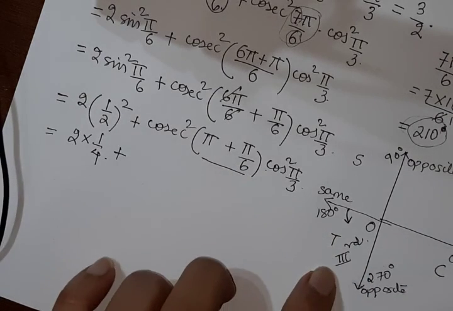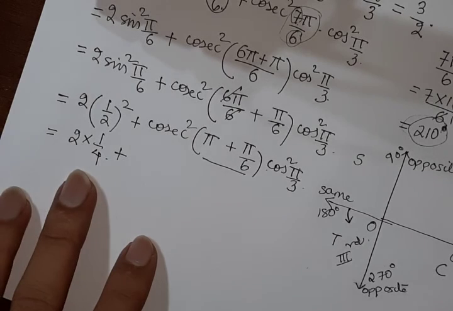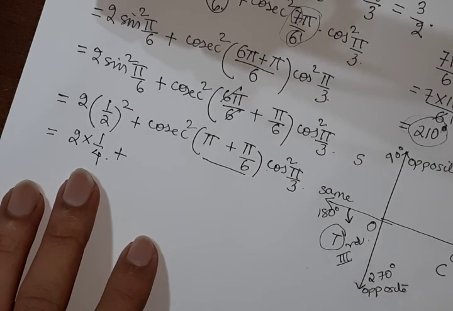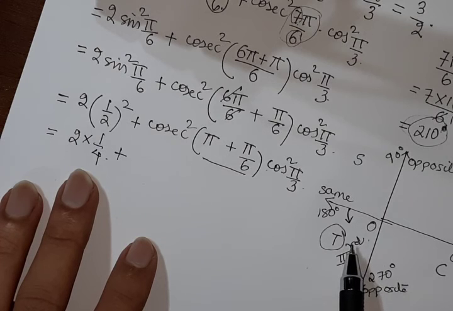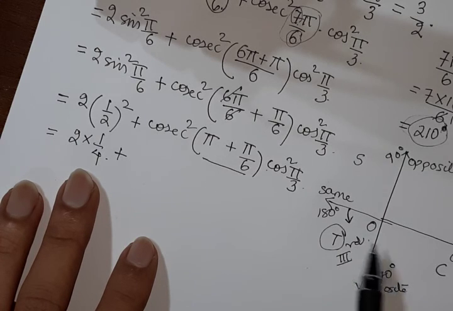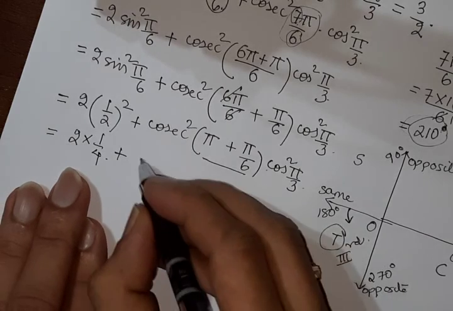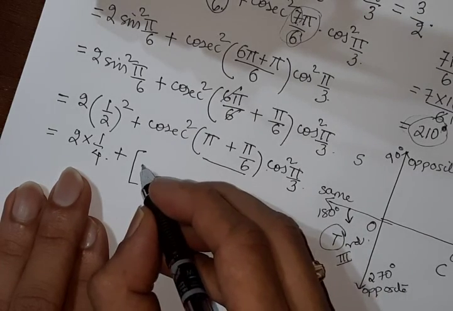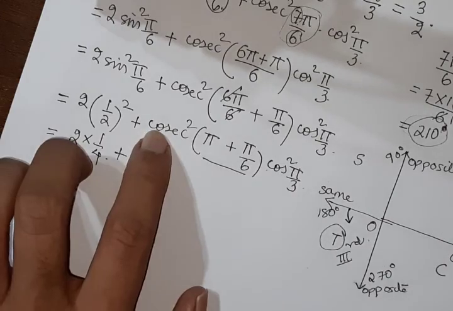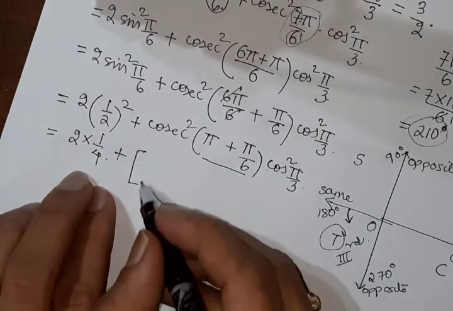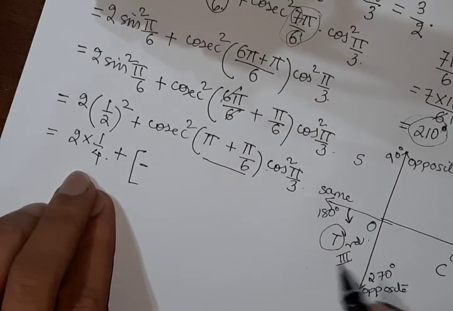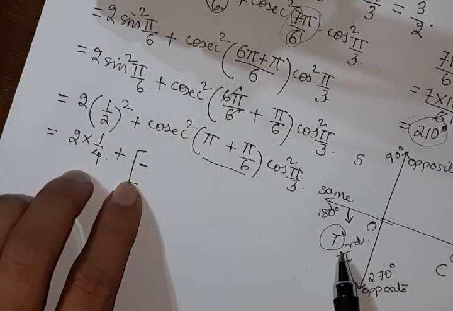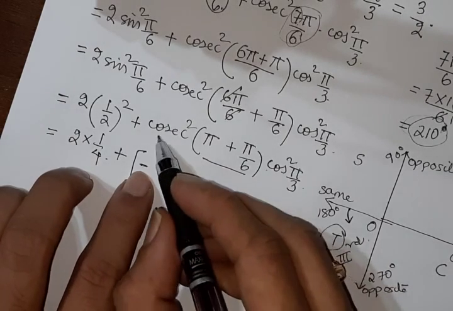Now in the third quadrant, tan is positive, so cot is positive because cot is the reciprocal of tan, and the rest all are negative. So what you will get here, this cosec will be negative because all other ratios other than tan and cot are negative.